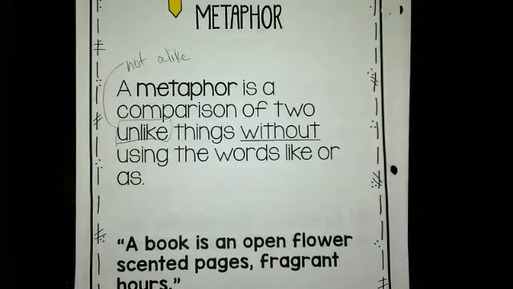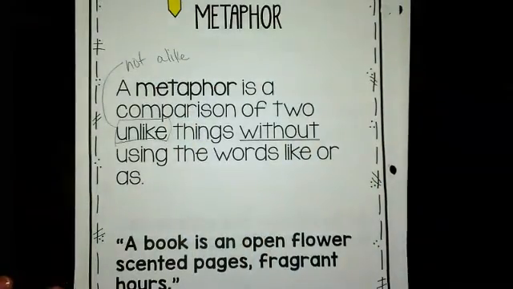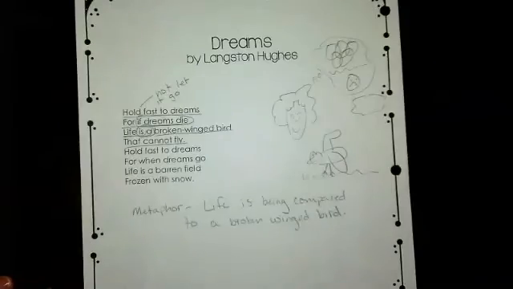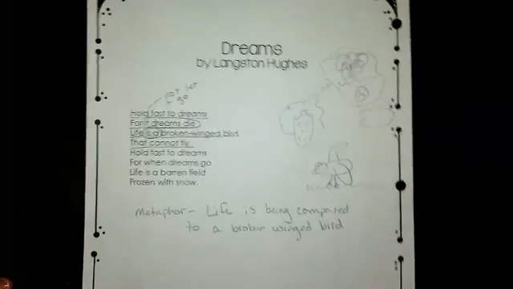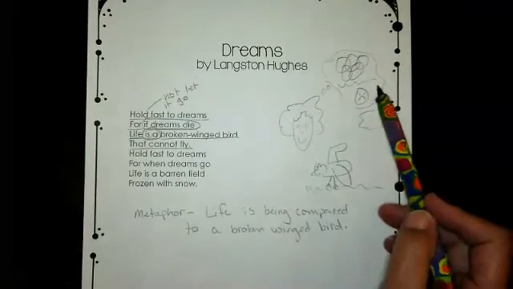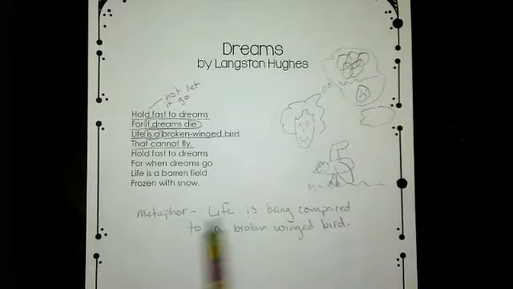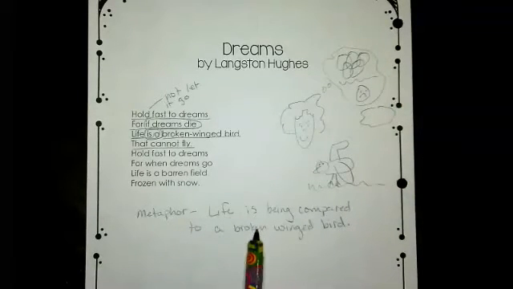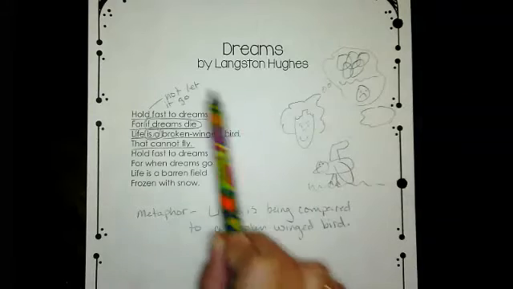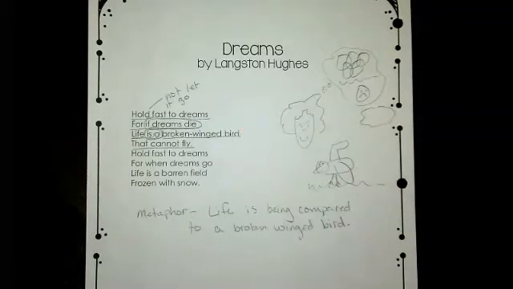Okay? So we learned all 3 of these poetic devices yesterday, looking at this poem, Dreams by Langston Hughes. And we drew a picture as far as imagery goes. We determined a metaphor, and we talked about the tone of this poem.